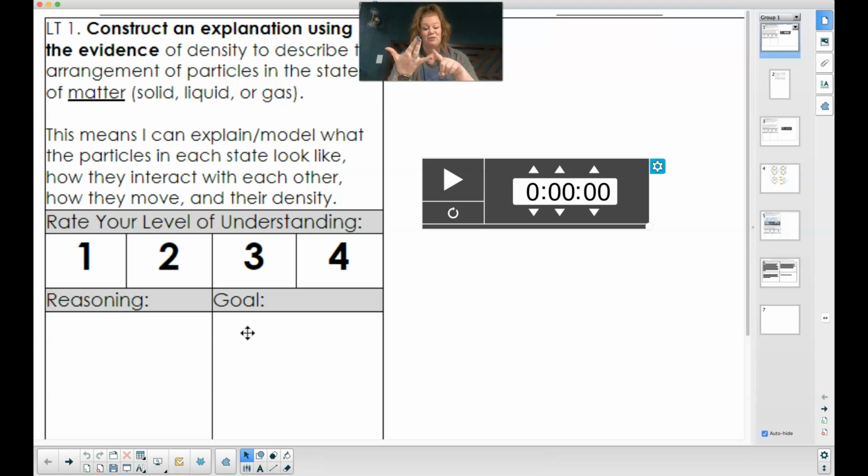Do you need to make sure you give all of the details? Do you need to remember to draw a model? Do you need to study more about what a solid and a liquid and a gas do? So what do you need to do to get your highest score for yourself? So go ahead and finish that up, and then we'll go on to number 2.